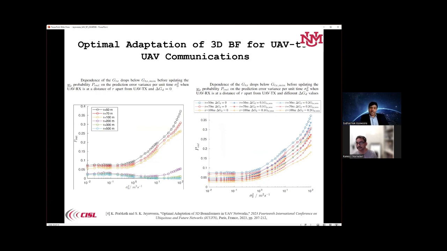Which means that the further the distance, you can assume that the receiving UAV is going to stay within the beam much longer compared to when the distance is smaller.